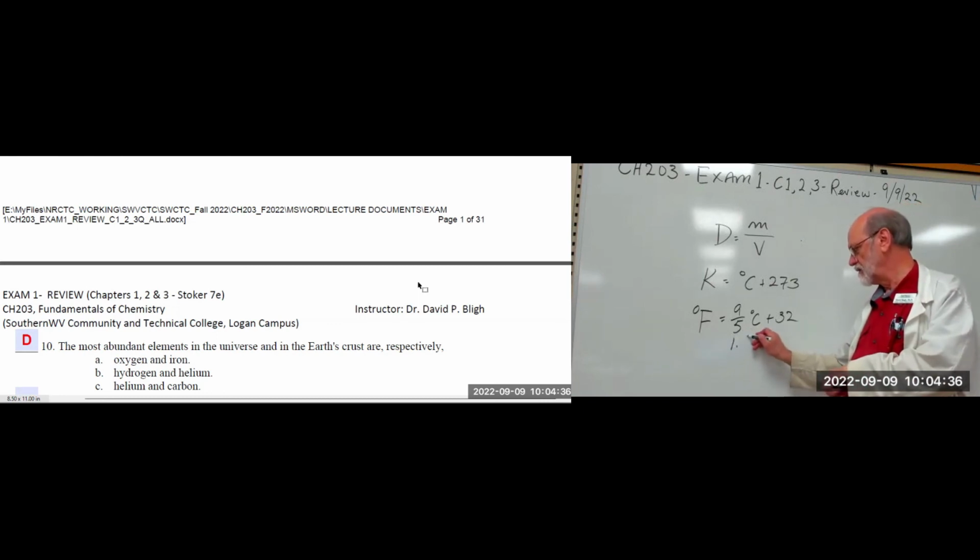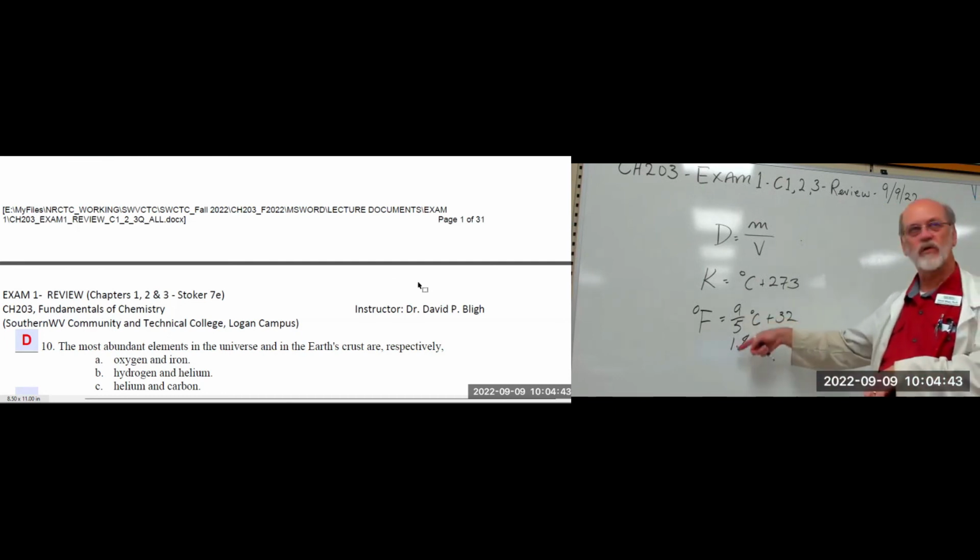Can you see that from the back of the room? I'm just writing down the expression. Your book probably uses 1.8 there instead, but do your math and you find out that they're equal. I like 9/5 better.